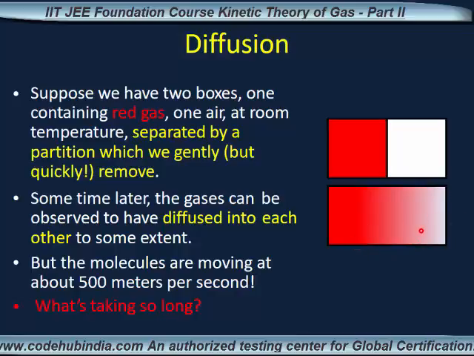After some time, the gas can be observed to have diffused into the other, but the molecules are moving at around 6 meters per second. Okay, that is called diffusion.